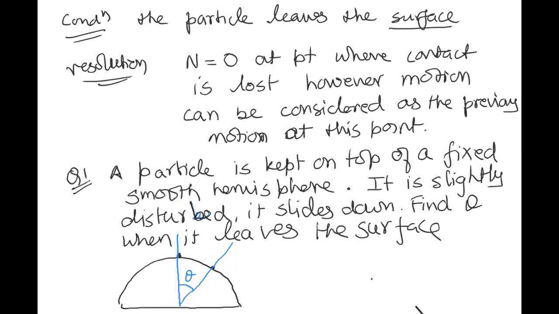Uniqueness is that no data is given. And whenever that happens, you can be sure that the answer will be a number. Okay? I have not told you mass of the particle, I have not told you radius of the hemisphere. Everything you have to assume yourself. And in the final answer, nothing should appear.